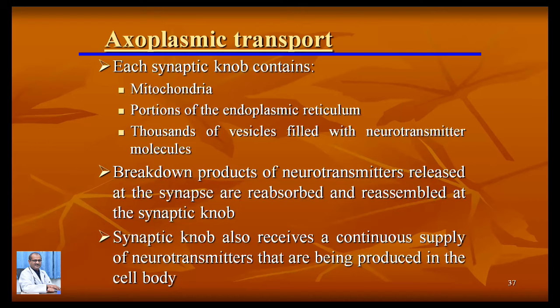Whenever acetylcholine is secreted in the cholinergic nervous system, it is broken down to acetic acid and choline, and the choline is reabsorbed into the synaptic knob. The synaptic knob also receives a continuous supply of neurotransmitters produced in the cell body. So it's a storehouse of neurotransmitters.